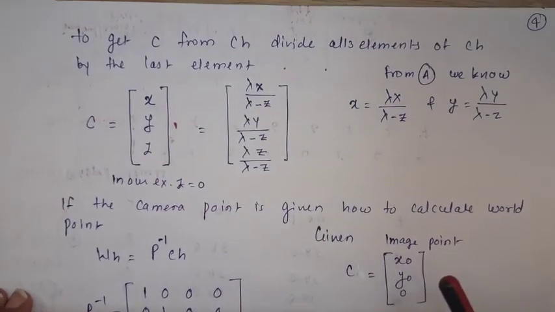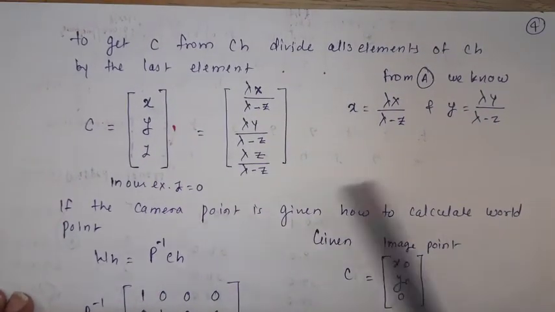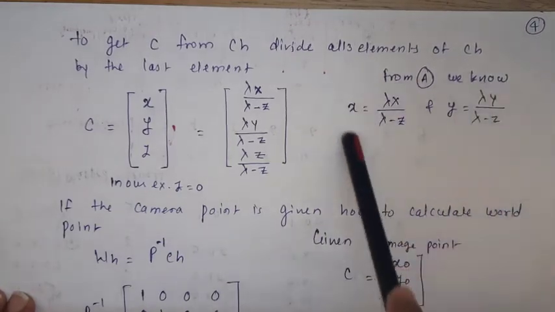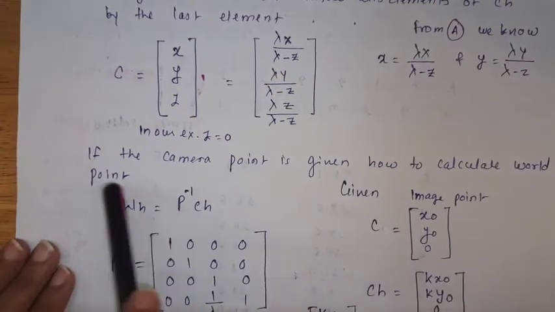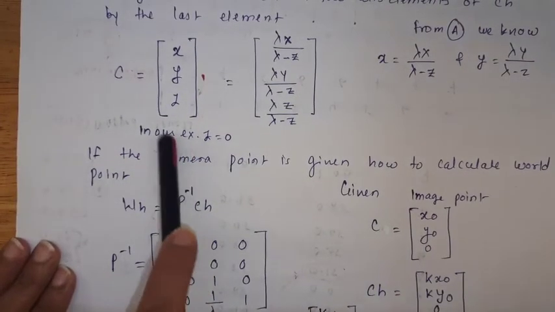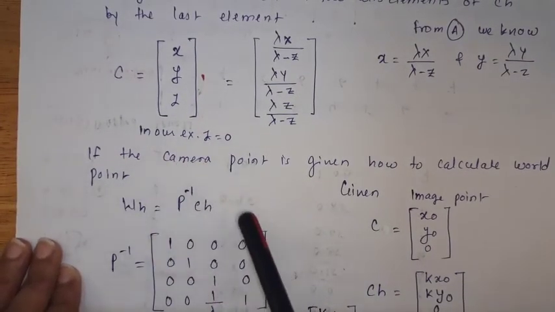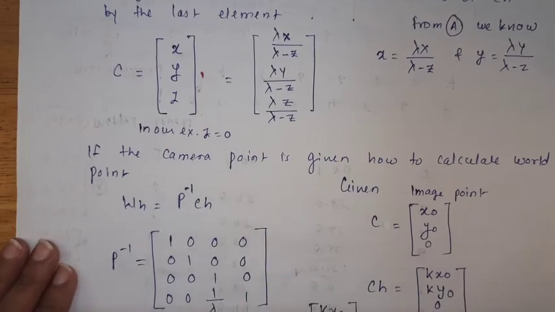From the previous expression we already have this small x and small y. In our example, z is equal to 0, so we have only x and y.